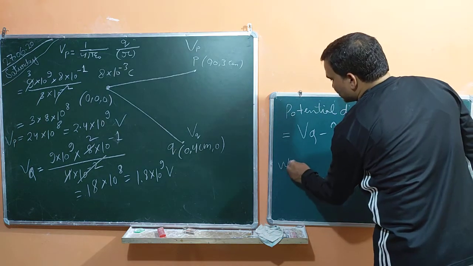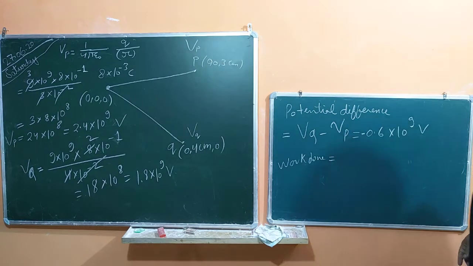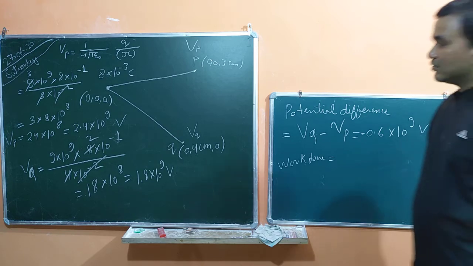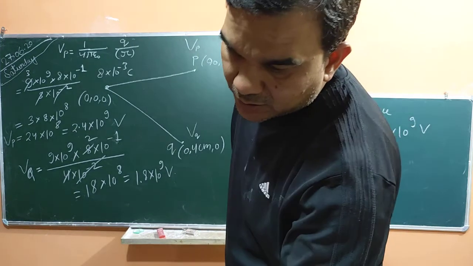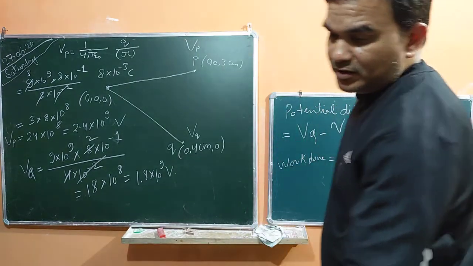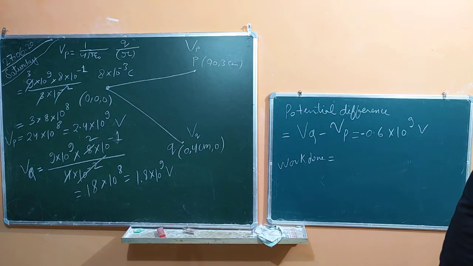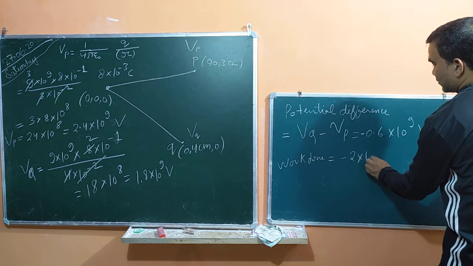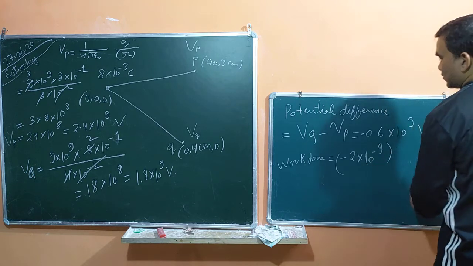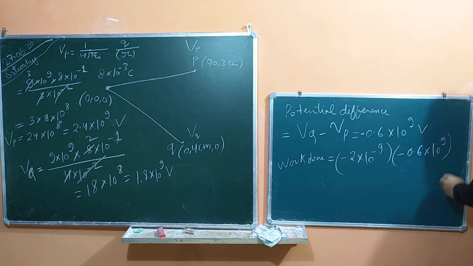Now work done would be charge multiplied by potential difference. What is the magnitude of the small charge? The magnitude of the small charge is minus 2 into 10 to the power minus 9 into minus 0.6 into 10 to the power 9 joule.